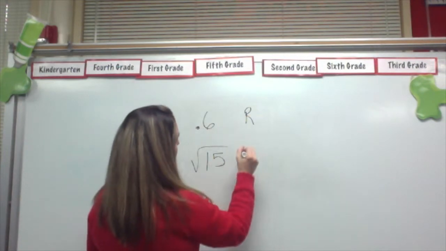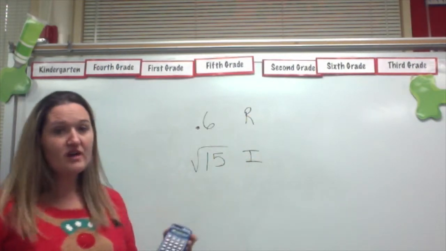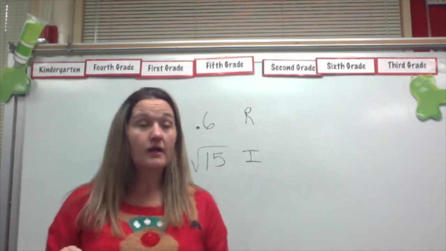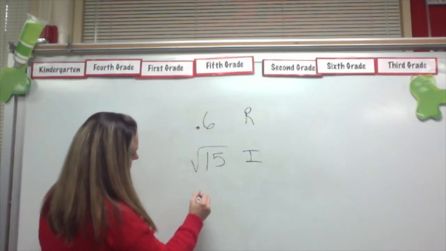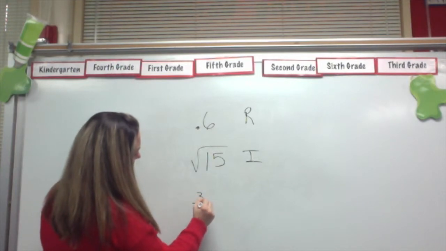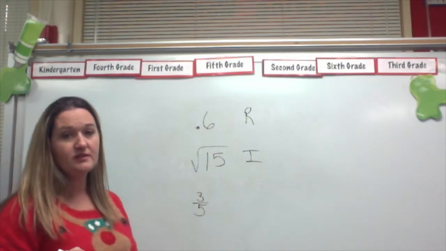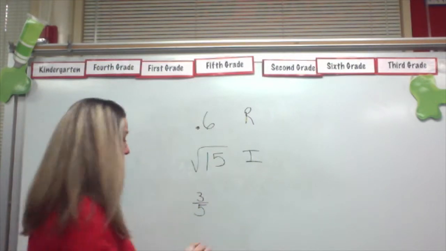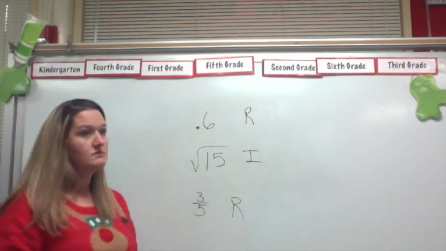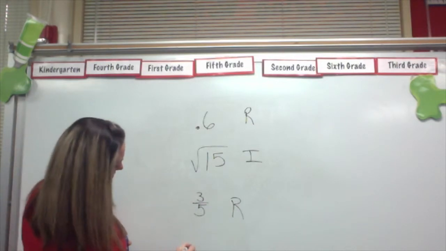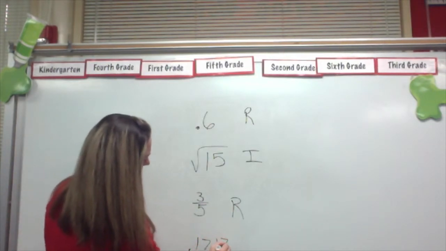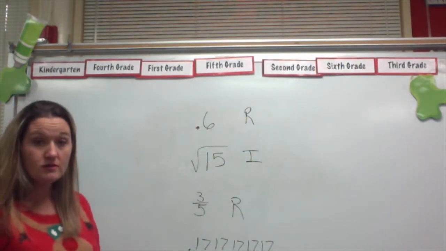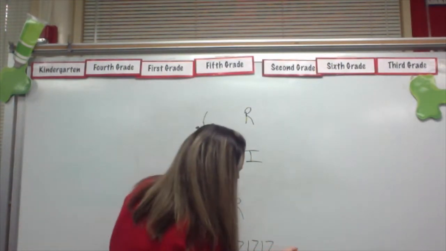Okay, 5. Well, it's a whole number. It's a rational number. 3/5. Well, this is a giveaway. If I can write it as a fraction, we know it's rational. 0.1717171717, and say we continue on and on forever.